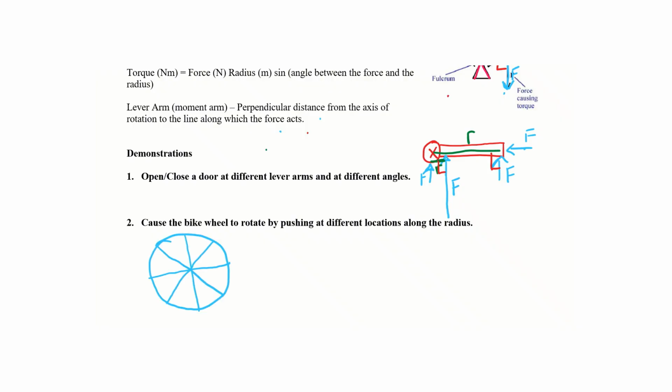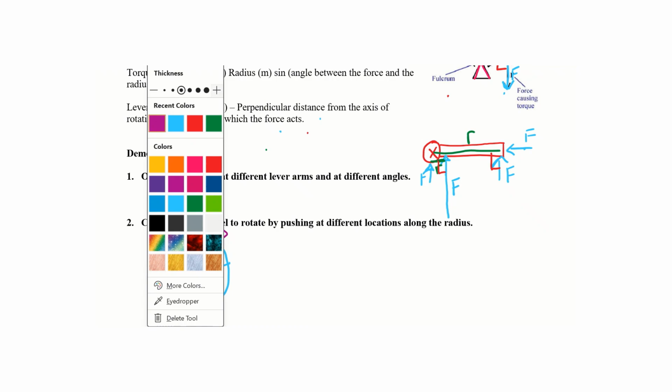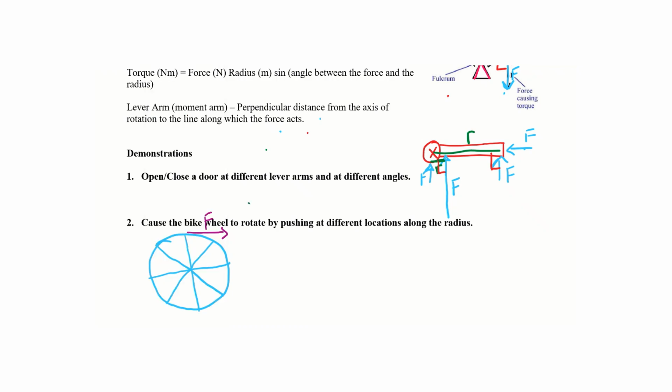Another example of torque would be different ways in which I could get a bicycle wheel to rotate. For example, if I exert a force on the edge, the lever arm would be the radius of the circle. So from the axis of rotation to the force, you could see that this would also be at 90 degrees.